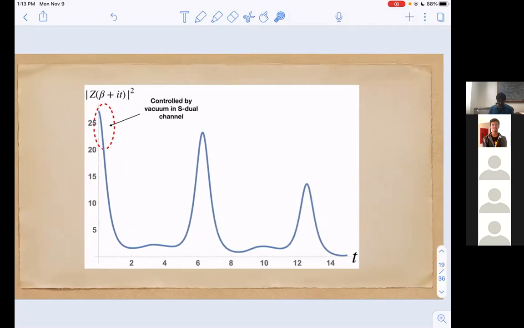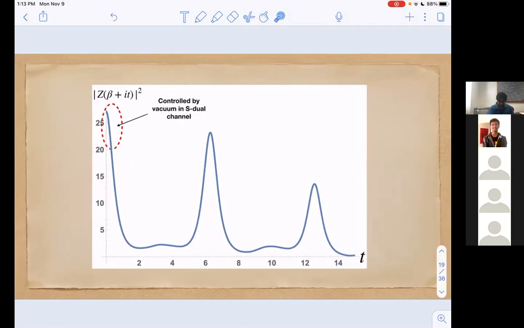Sorry, is there a simple way to see why these peaks are becoming wider, with the height coming down? Is there a general argument, or is this just this particular example? I think this is generic behavior.